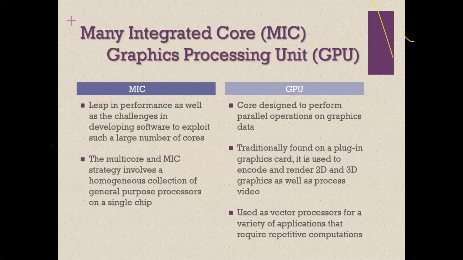The leap in performance, as well as the challenges in developing software to exploit this large number of cores, have also been a concern to chip manufacturers. So this led to the introduction of a new term called many integrated core, MIC.